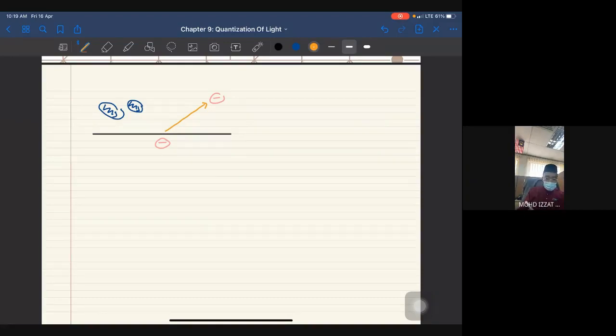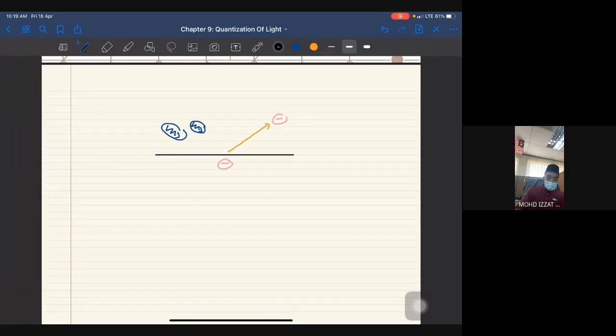One is the energy of the light that is going in, and then we have the energy of the work function, which is due to the surface. And then we have kinetic energy, which is due to the electron.